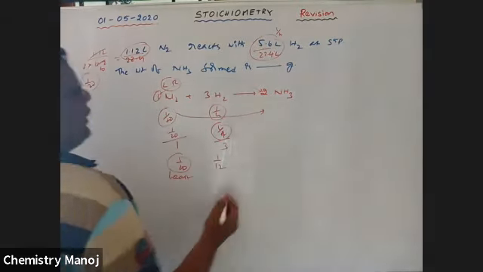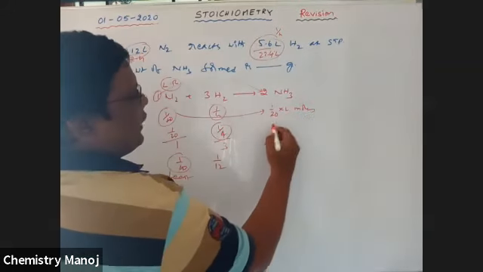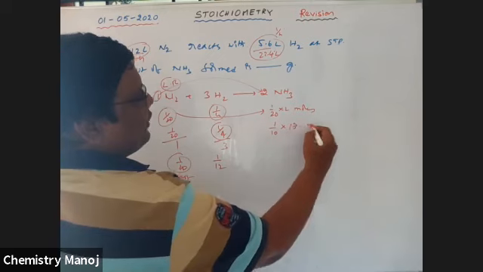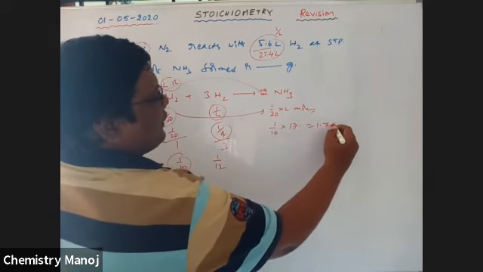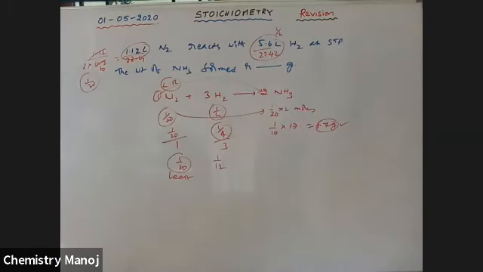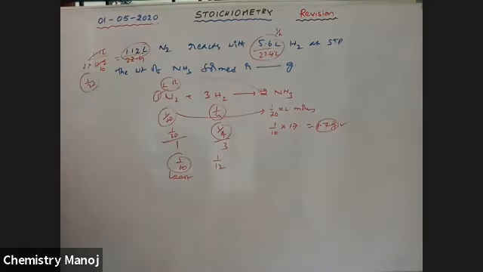Doubling it, that is 1 by 20 into 2, which is 1 by 10 moles. With molecular weight of ammonia 17, that is 1.7 grams of ammonia formed. 1.7, that's correct. So identify the limiting reagent just by dividing the number of moles with its quotient.